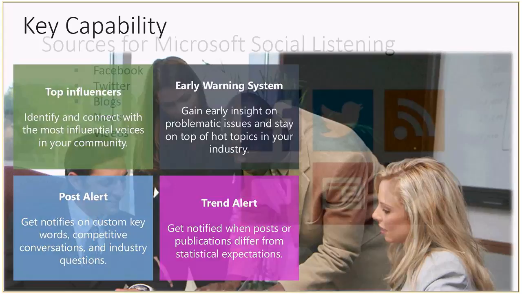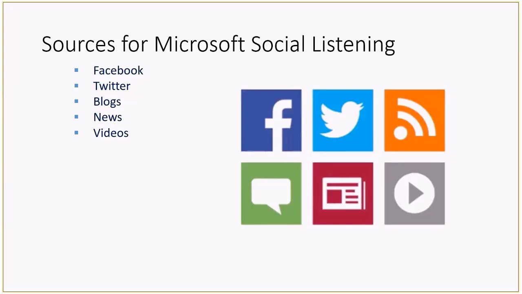So what are the sources that social engagement is going to check for such feedback from people? I think Facebook is no more under social listening, but mainly it's Twitter, people's blogs, news, YouTube videos or other videos. So it will collect information from a lot of different sources, and it will tell you what people are talking about your product, your customers, and vendors.